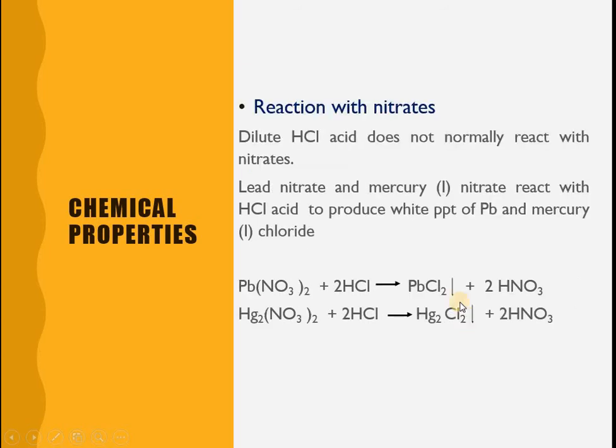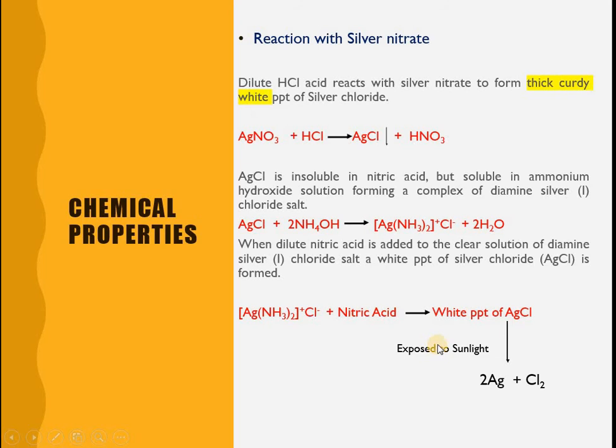Dilute hydrochloric acid does not normally react with nitrates, but with lead nitrate and mercurous nitrate it reacts to produce white precipitates of lead chloride and mercurous chloride, both white in color. With silver nitrate, dilute HCl forms a thick curdy white precipitate of silver chloride, which is insoluble in nitric acid but soluble in ammonium hydroxide solution, forming diamine silver chloride salt.